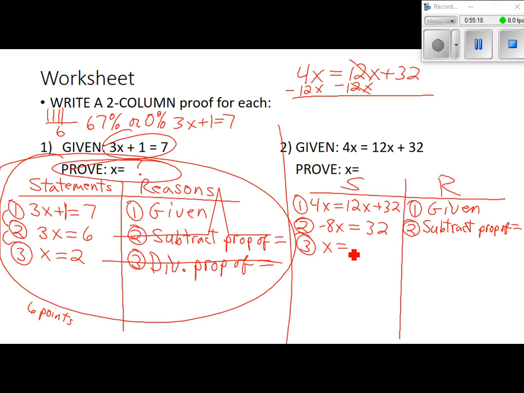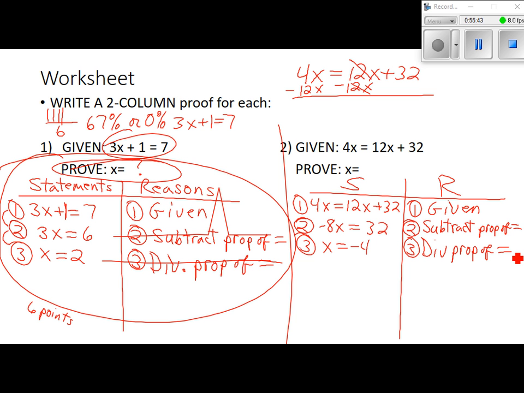X equals negative 4. What's our reason? How did we go from 2 to 3? Division property of equality. What's our next step? That's it. Did we figure out x equals some number? Yeah, so that's all the farther we go on this.